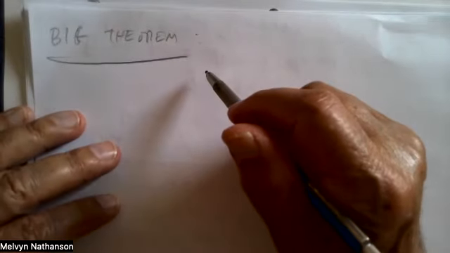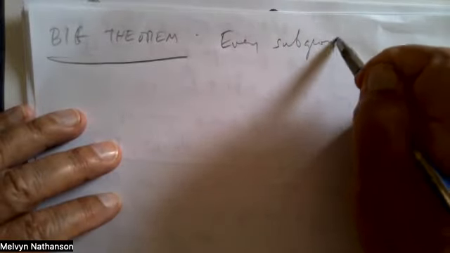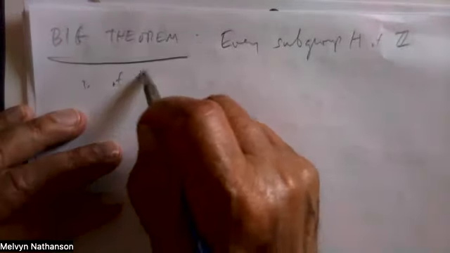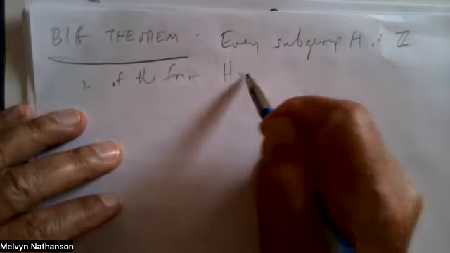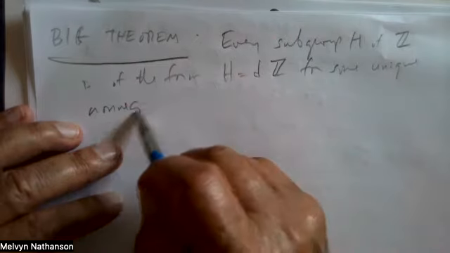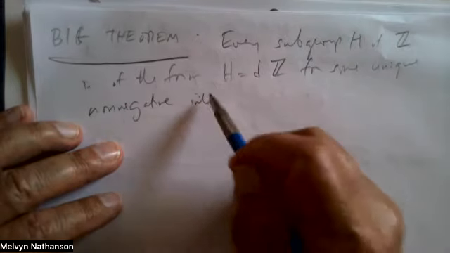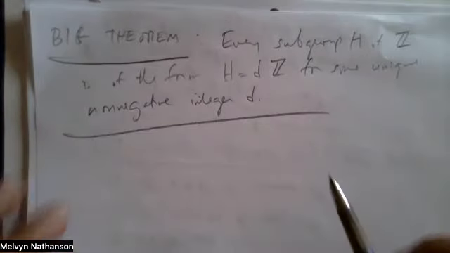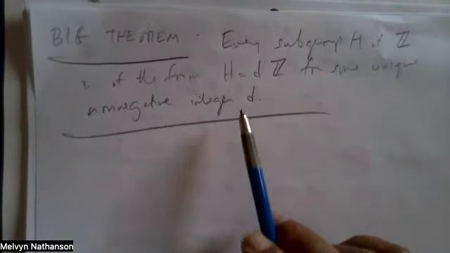So this is a big theorem. It says every subgroup H of the integers Z is of the form H equals D times Z for some unique non-negative integer D. So every subgroup is a set of multiples of a fixed non-negative integer.